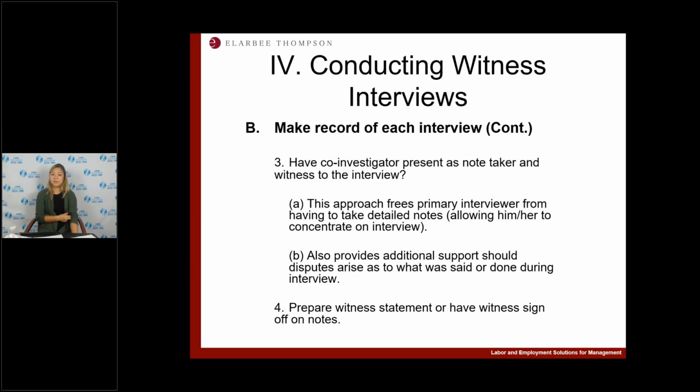And then at the end, depending on what the investigation reveals, you can ask for a witness statement, ask if the witness would be able to sign off on the notes, some way to note that the interviewee agrees with the notes or what was said during the interview.